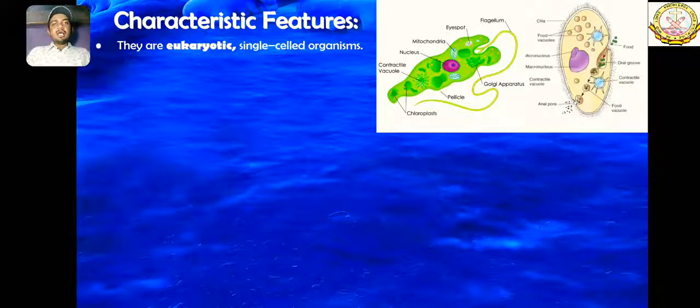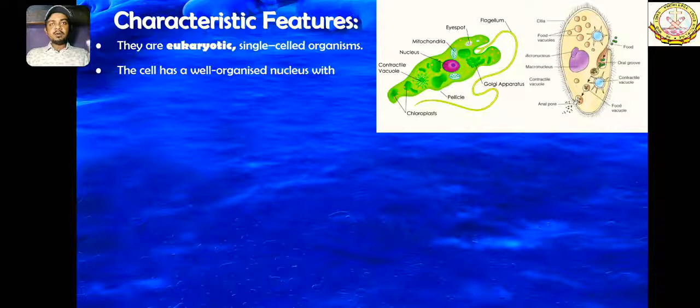The characteristics are they are eukaryotic, single celled organisms. Eukaryotic means internal boundaries of cells will be present. The nucleus will be in a membrane, and other cell organelles will also be present. Let's see what is a eukaryotic cell. The cell has a well organized nucleus with one or two nuclei.